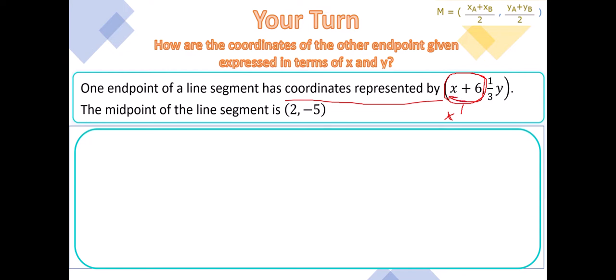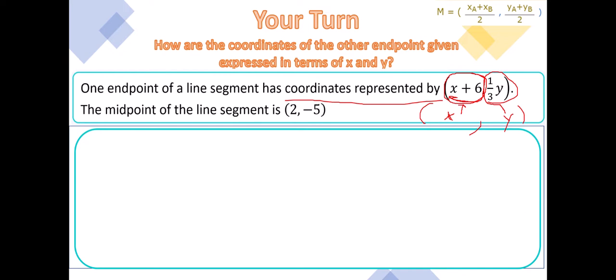So this whole expression, x plus 6, is our x value. And our y value, it also has a y in it. This is going to be our number associated with our coordinate. It's our y value or our y coordinate. So we have an x and a y, but they're not, again, simple numbers.